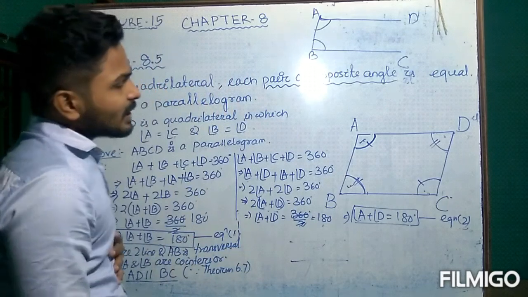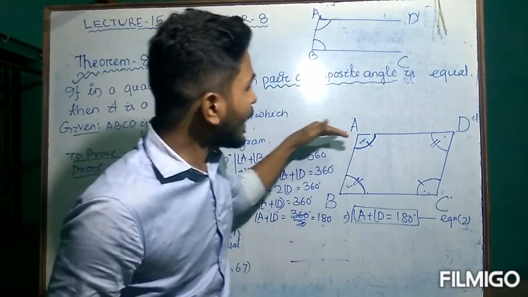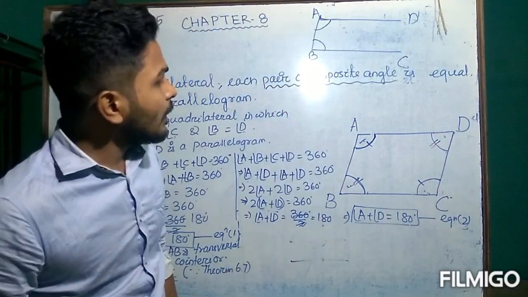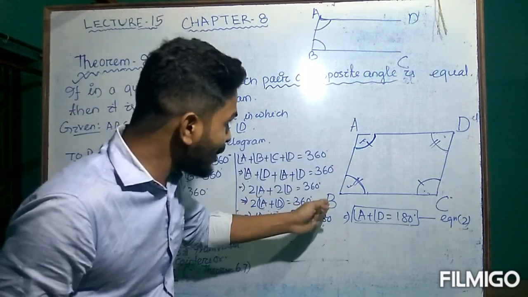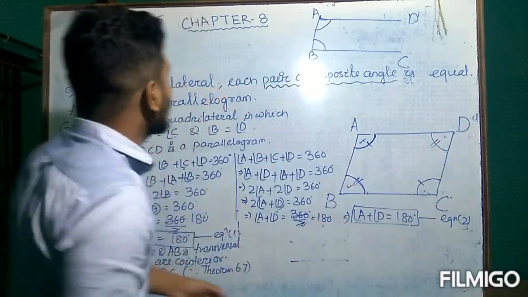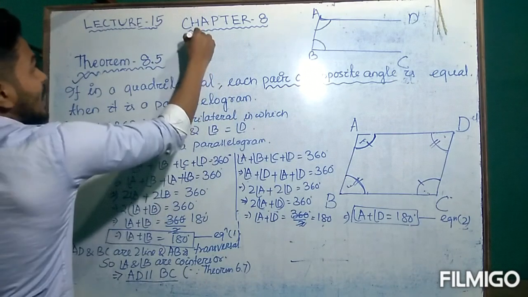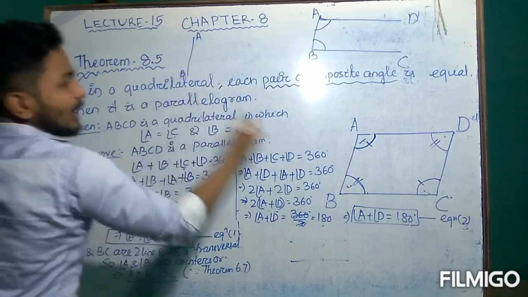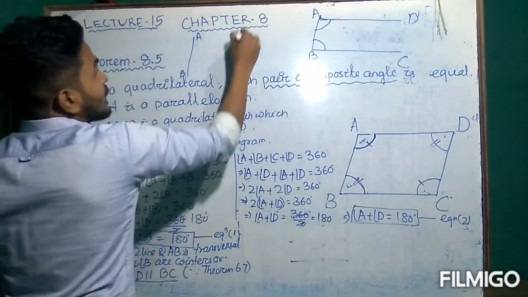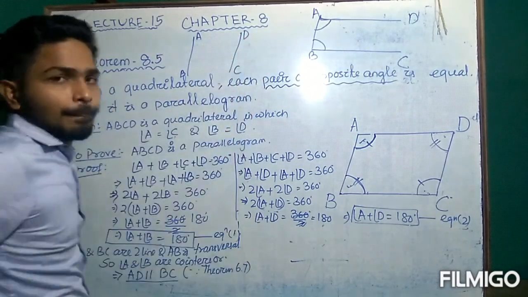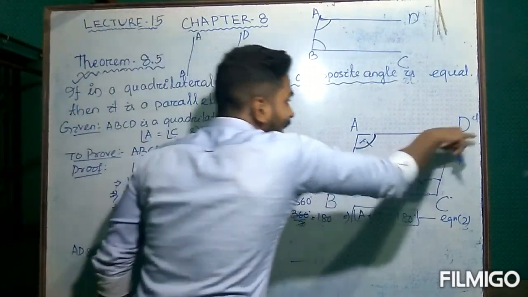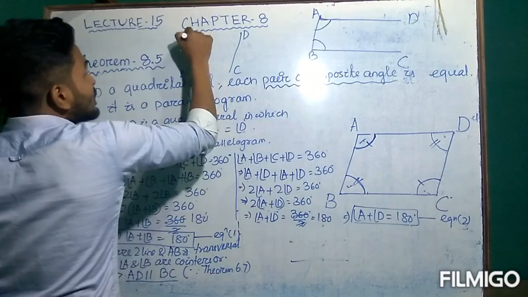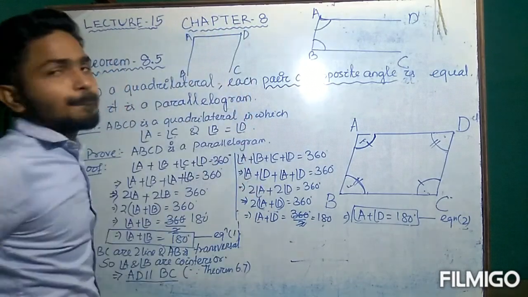Now let us consider AB and DC, right? Which two sides? This is AB and DC. Now AD is what? AD is a transversal line.